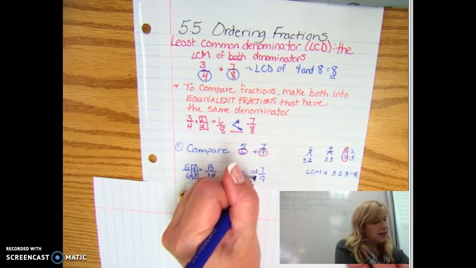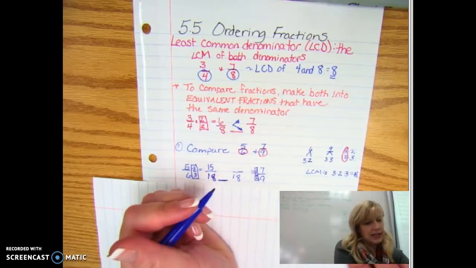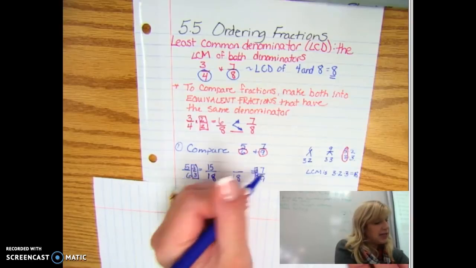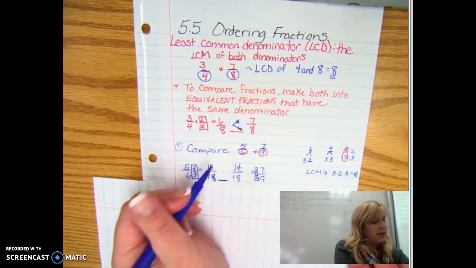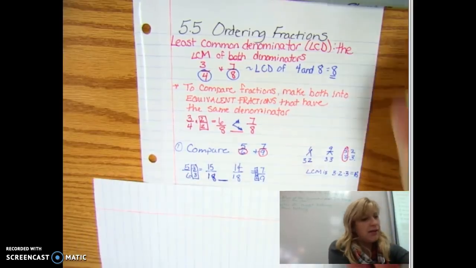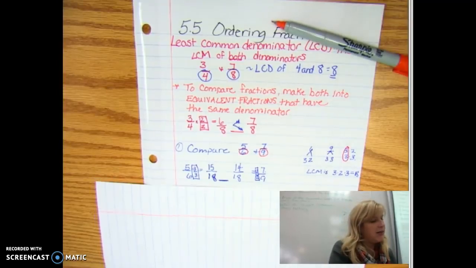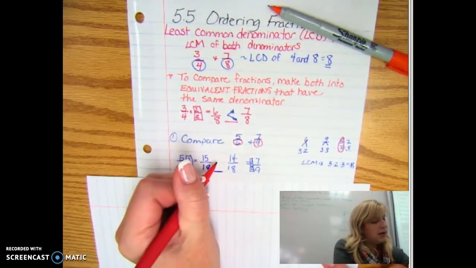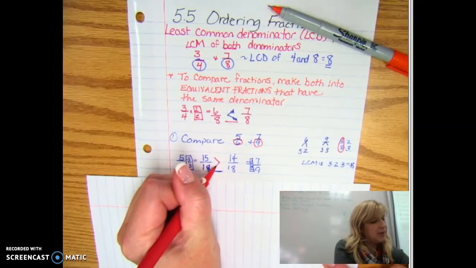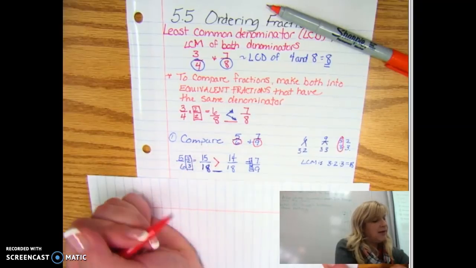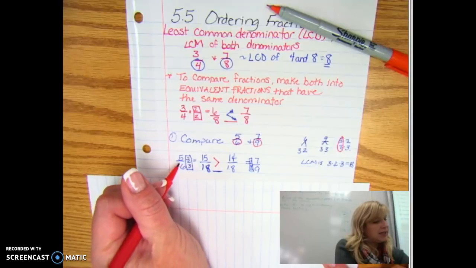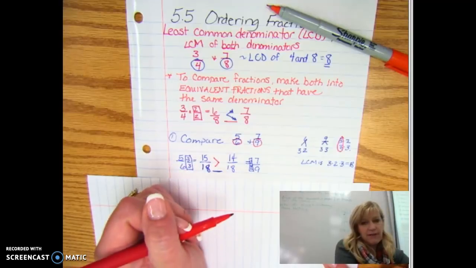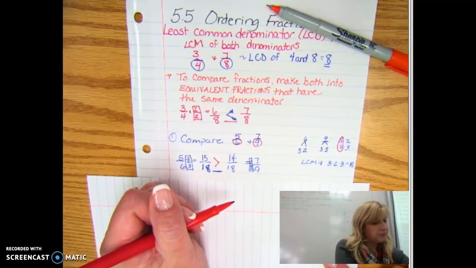Well, this one needs to be times 2/2 in order to break it into 18ths. 9 times 2 is 18. 7 times 2 is 14. Ooh, these are close. It's a close call, but if I need to compare them, this one is slightly bigger than this one. So 5/6 is bigger than 7/9.